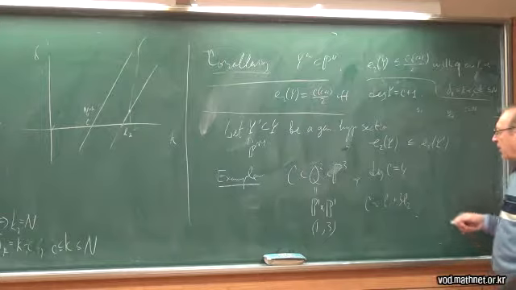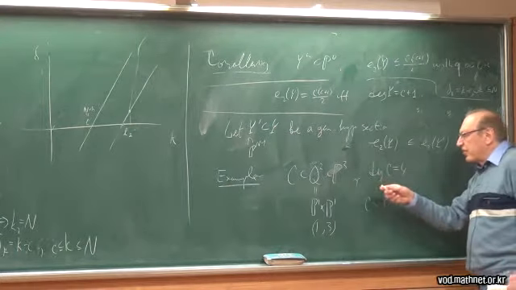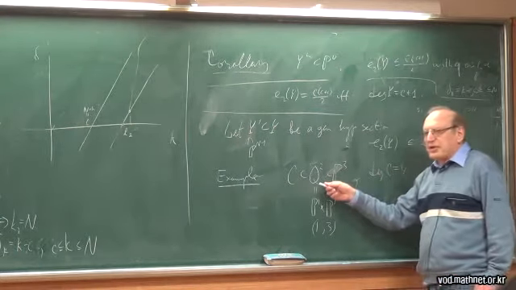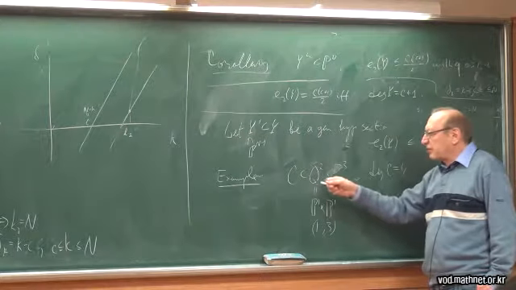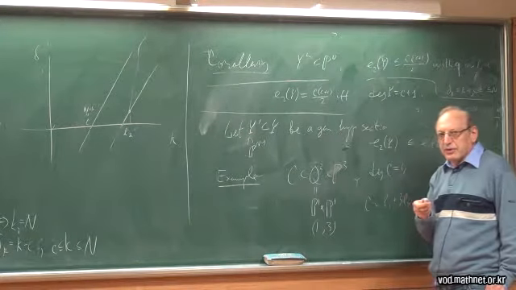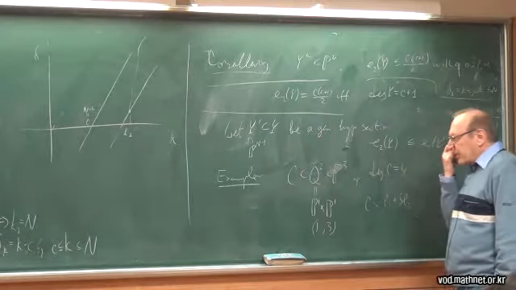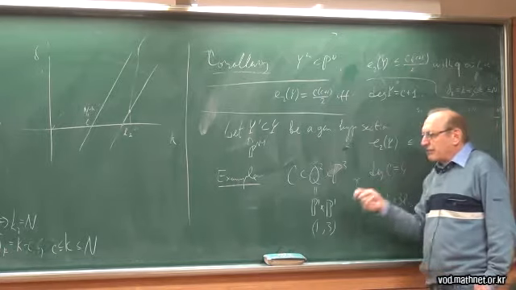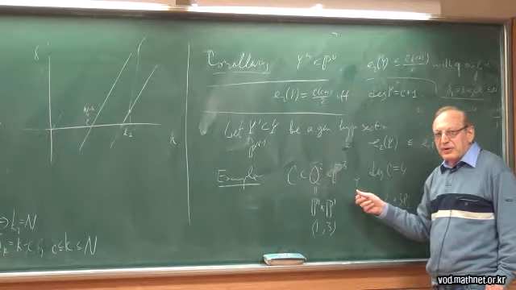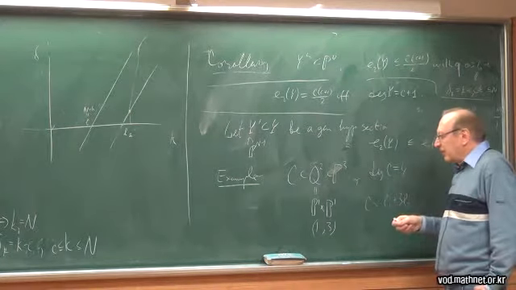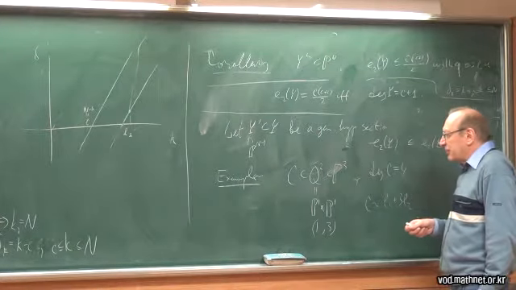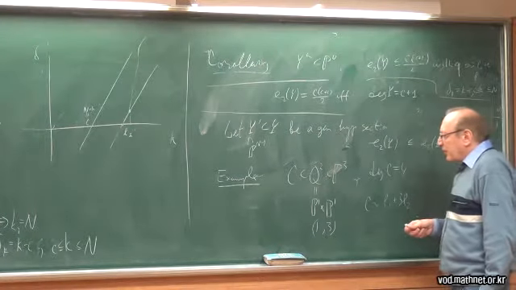Then how many quadrics contain this curve C? It's very easy to see that there is only one quadric, namely this Q. Why? Because otherwise there would be another quadric, and the intersection would have degree 4 and would coincide with our curve. But this isn't possible for many reasons.